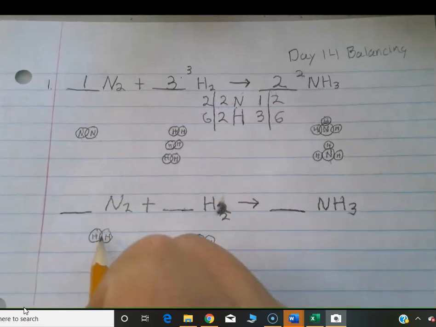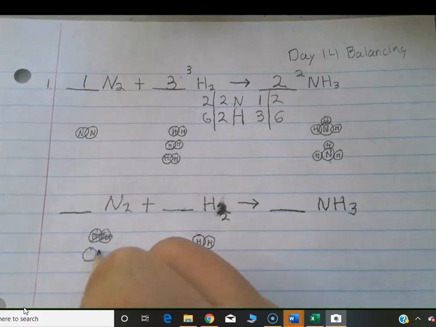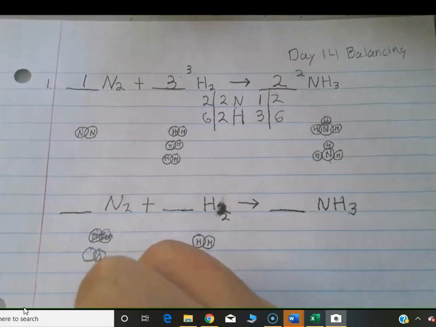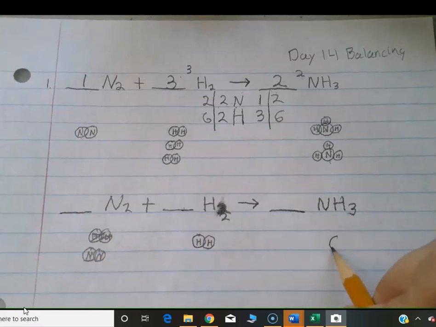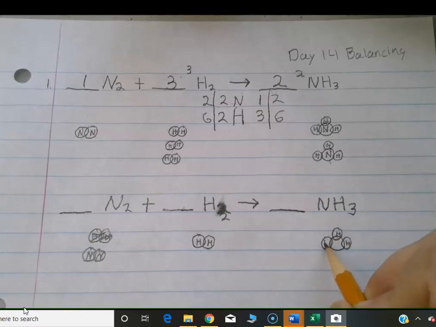Okay, and I messed up. This is N2. Talking and I'm not thinking. So you got 2 nitrogens, 2 hydrogens, and now again you have your ammonia, and that's a nitrogen in the middle there.